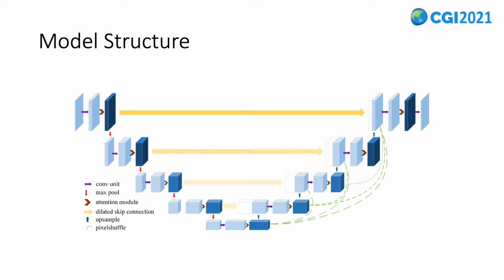Our model is based on encoder-decoder structure. The network consists of 4 encoder blocks and 4 decoder blocks. Every block is followed by an attention module. The corresponding blocks are bridged by dilated skip connection to reduce the semantic gap, and the decoder blocks are densely connected for feature fusion.